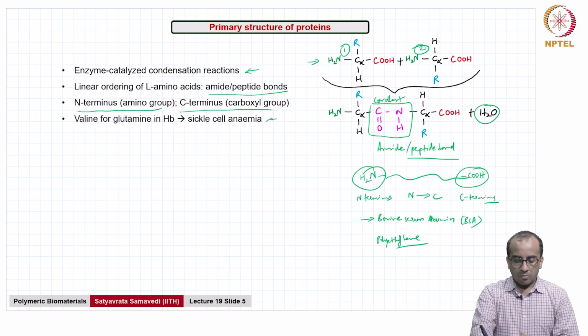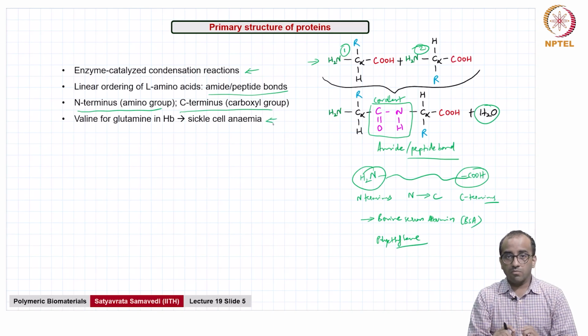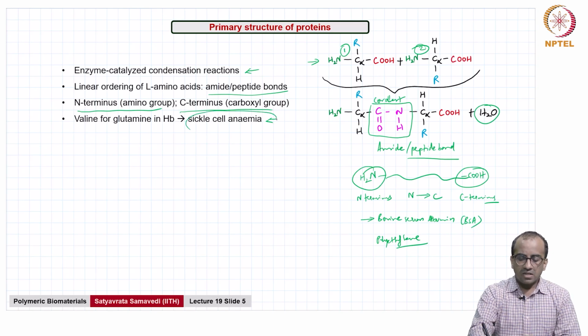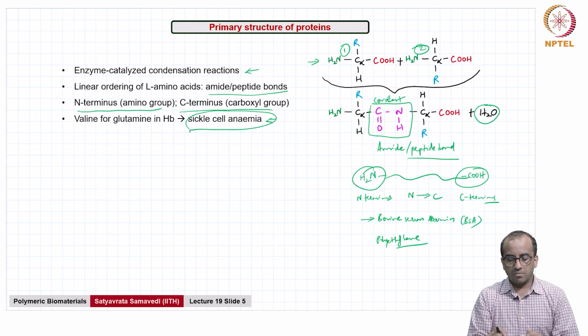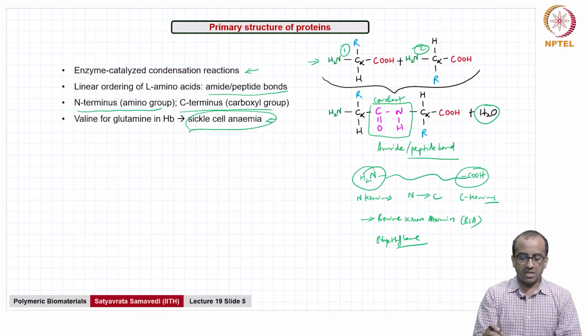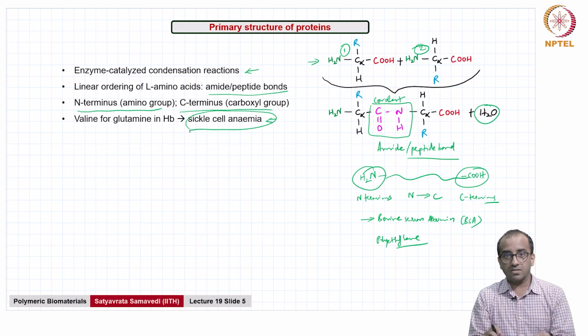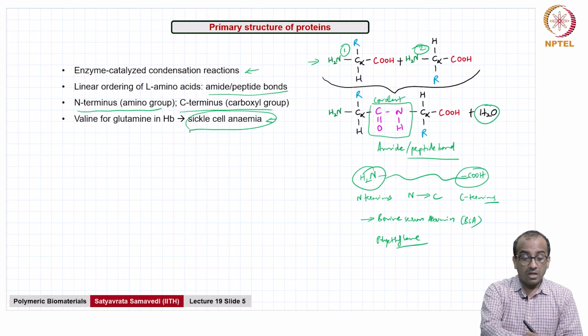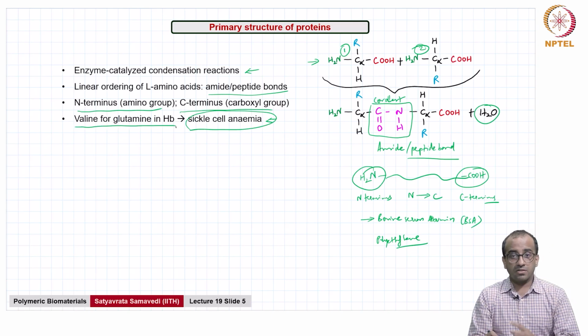Now, just to drive home the point about why both the amino acid type and the order are important, sickle cell anemia is a condition that is quite widely seen in certain populations, and there the underlying cause for why this happens, where the red blood cells take on a different shape compared to the healthy population, believe it or not, is just a single amino acid substitution that has gone rogue.